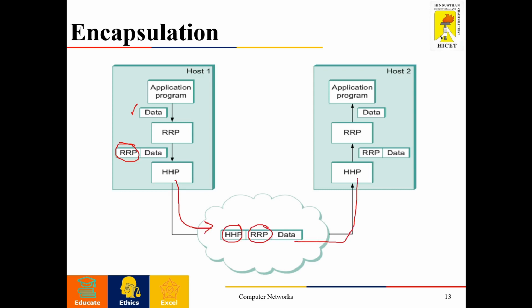Once it reaches the network interface card, the message is taken, and when the data is given to the next layer, the header attached by HHP is removed, and only the payload part is handed over to the next layer. In turn, RRP takes out its own header and hands over the data alone, that is the payload part, to the application program.